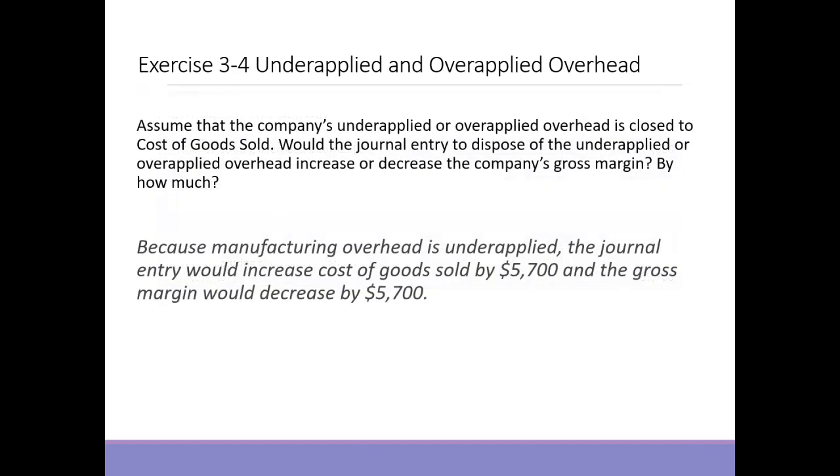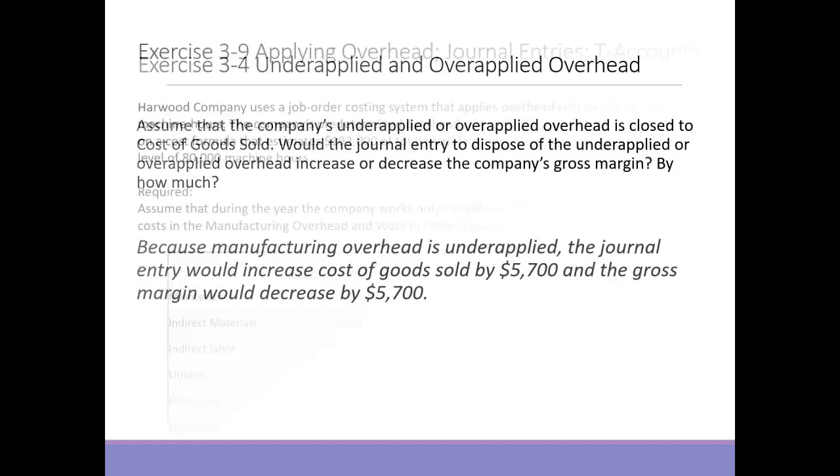Assume the company's underapplied or overapplied is closed to cost of goods sold. What would we do? We would debit our cost of goods sold by $5,700 and credit our manufacturing overhead ultimately. Okay? It's going to reduce our net income. Is this clicking, guys? It's pretty straightforward.